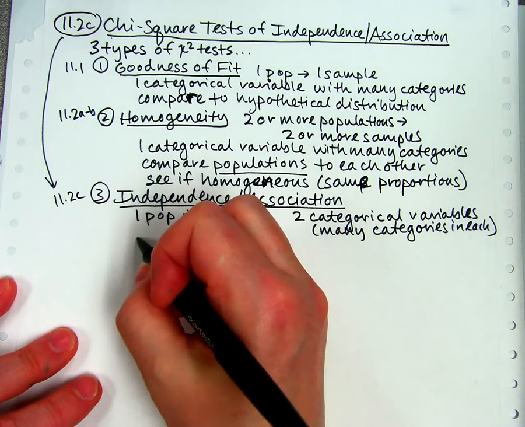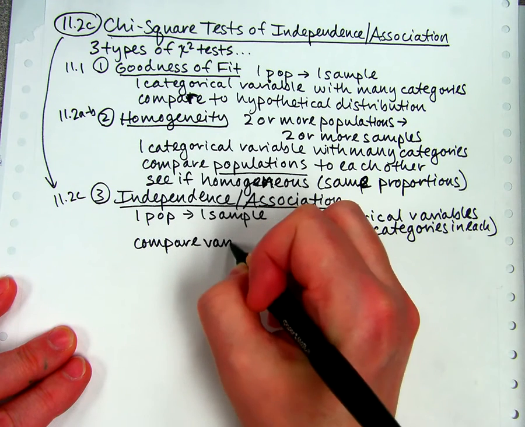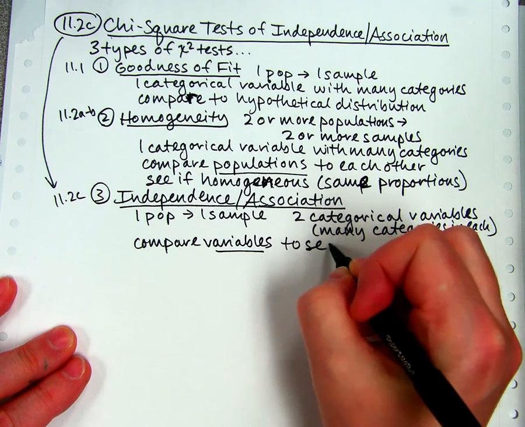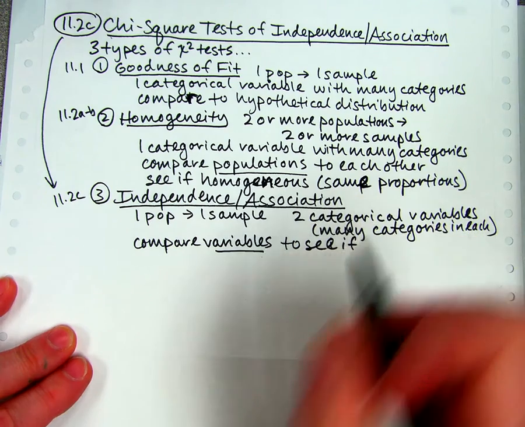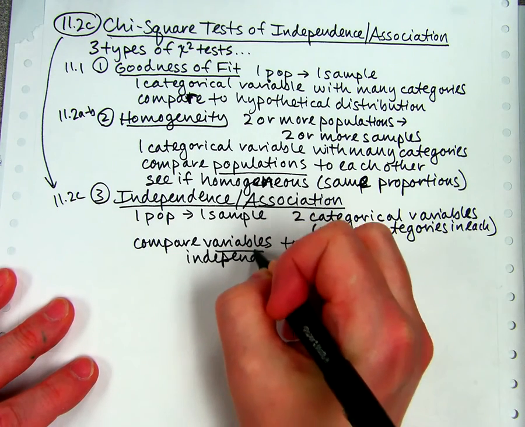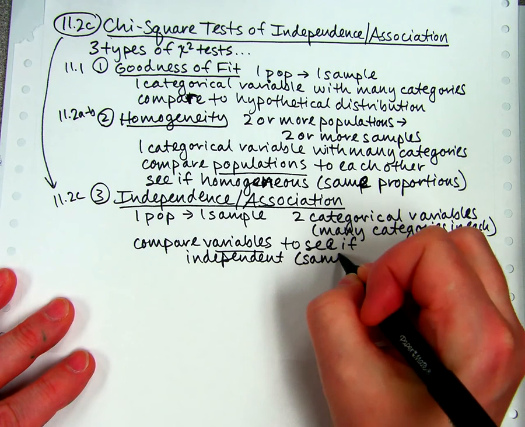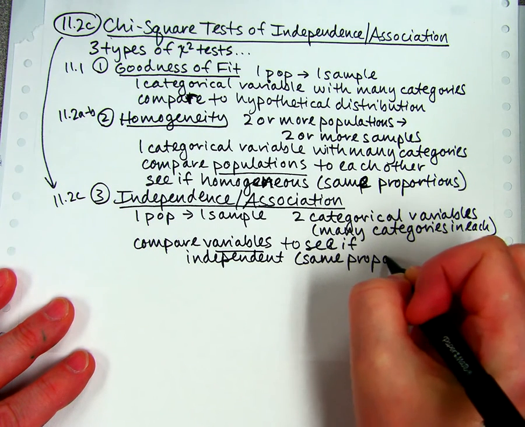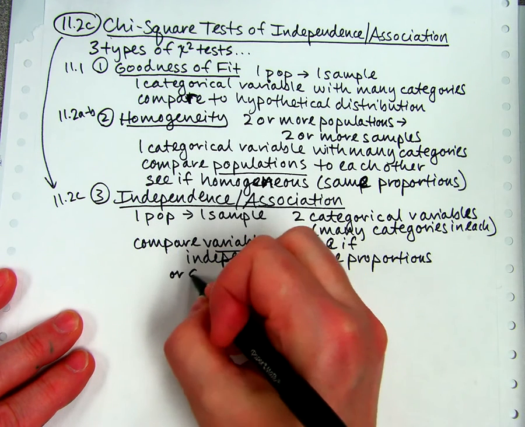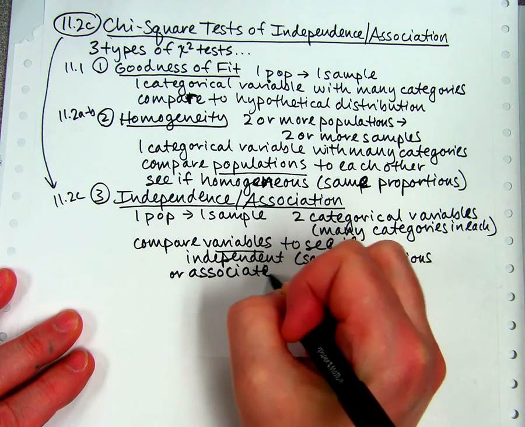And our goal is to compare the variables and see how they are related to each other. And there's two things that might happen. They might be independent variables, which means that they are the same proportions in each. Or they might be associated, which means the proportions are different. There's some kind of relationship.